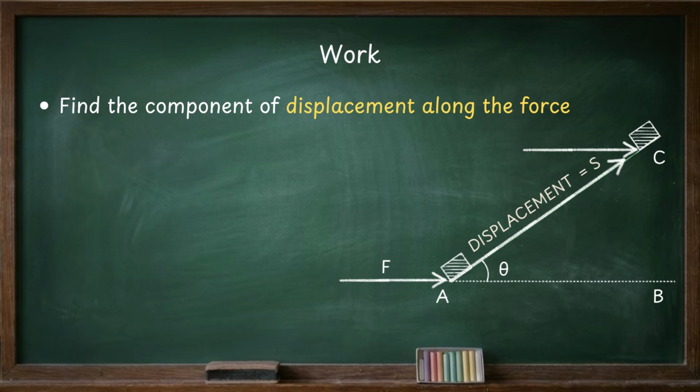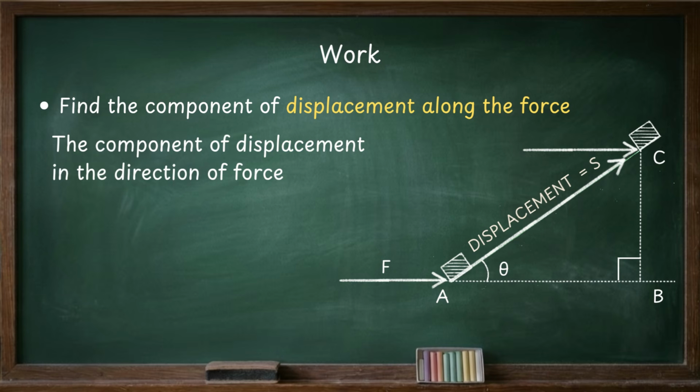To find the displacement along the force, draw a straight line down from C to AB. This creates a right-angled triangle, ABC. The component of displacement in the direction of force is the line AB. Therefore, work done equals force times AB.